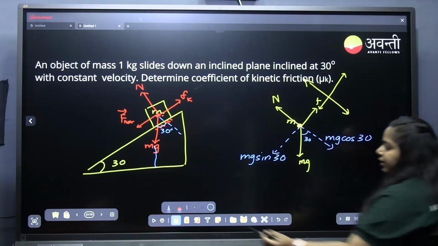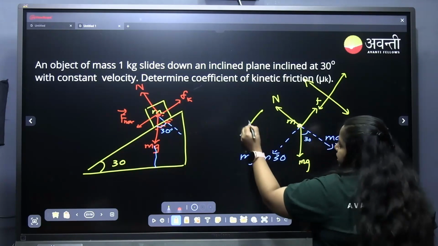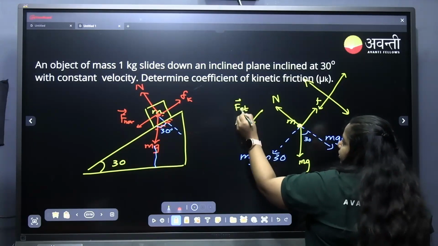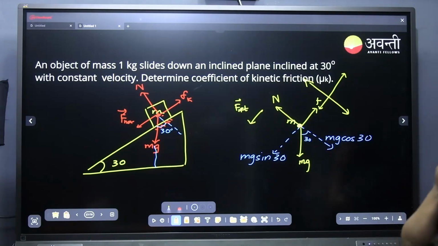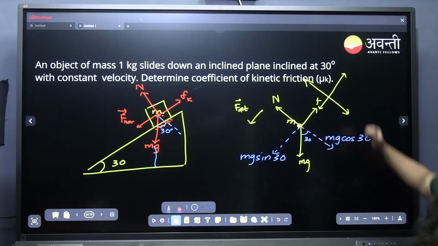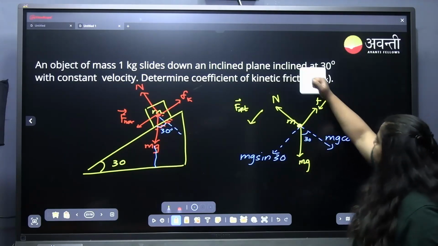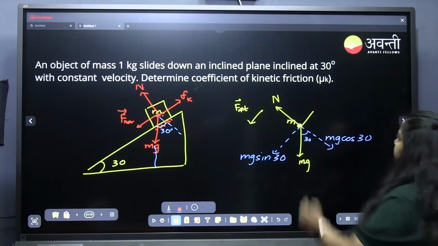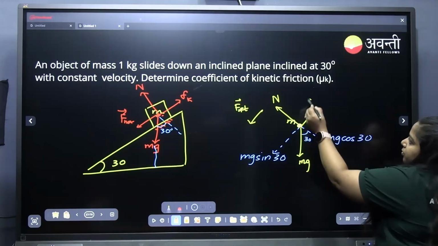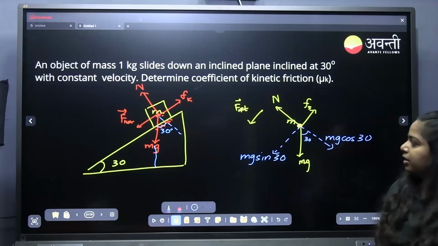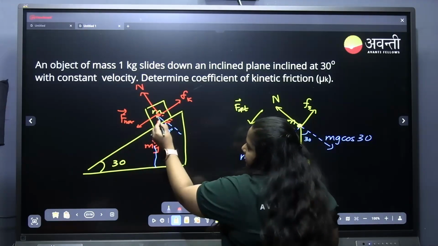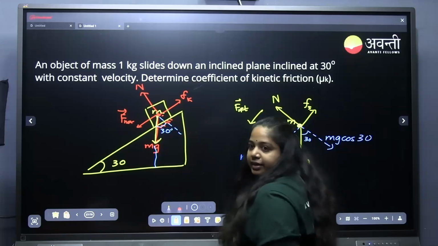And there is net motion in this direction, F net. Is there any doubt regarding this? This is just for showing our vertical and horizontal direction. One second. See, this is acting vertically downwards, right?